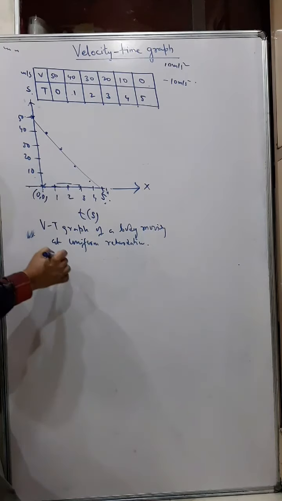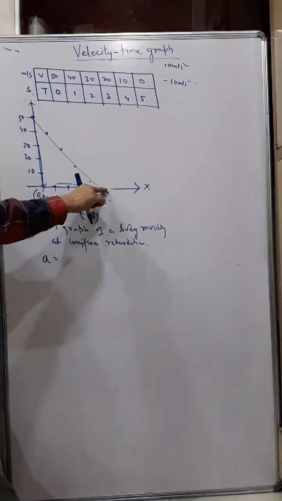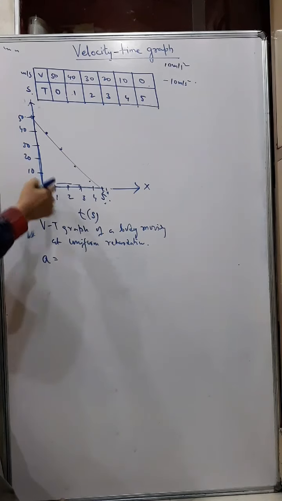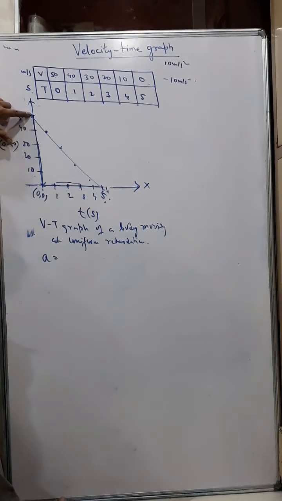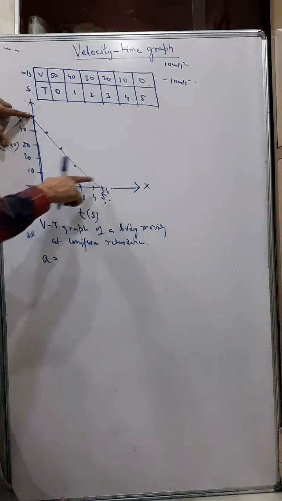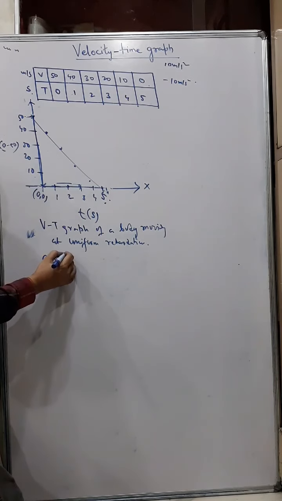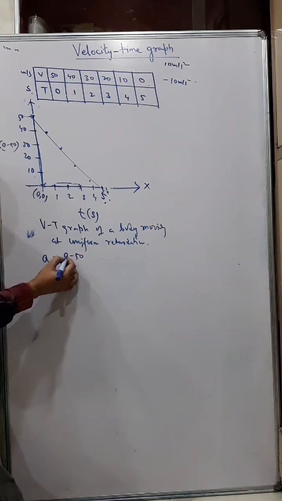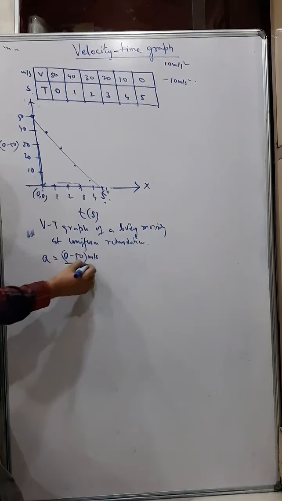Now acceleration, again slope. Slope means perpendicular by base. This length is how much? 50. But what will we write? We will write 0 minus 50, because the initial was 50 and the final velocity is 0. So for the perpendicular, I write 0 minus 50, meaning final minus initial, in meter per second.